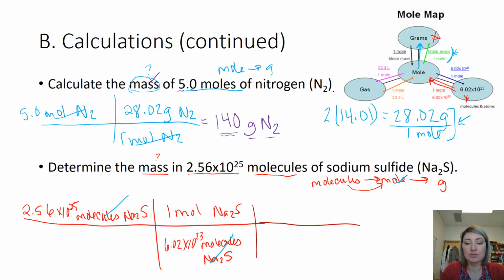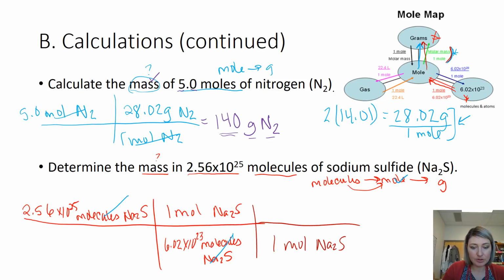So I'm going to continue my t-chart. Now that I have moles, I would like to go to grams. So I'm going to follow this conversion factor where I put 1 mole on the bottom because I would like to cancel moles. And then I'm going to write the molar mass on the top. So in order to calculate the molar mass, we are going to need to add up all of the elements involved in sodium sulfide.